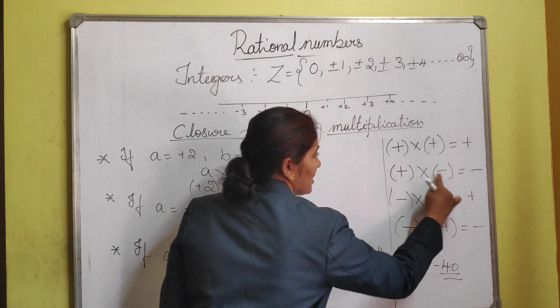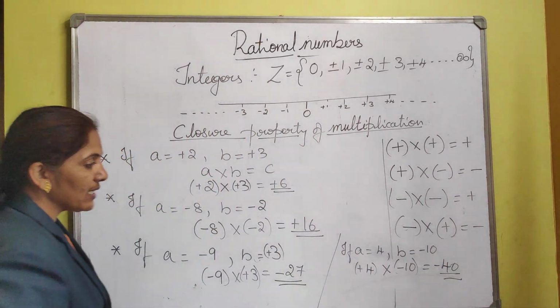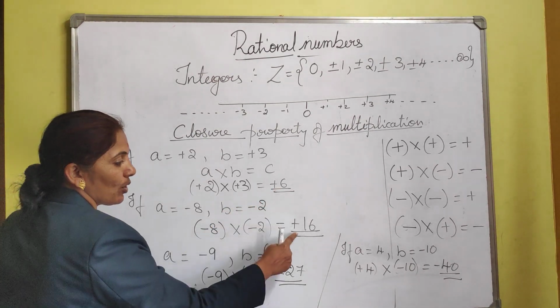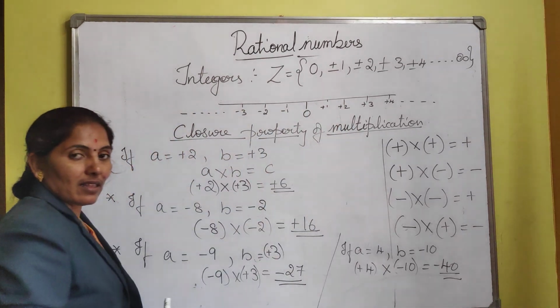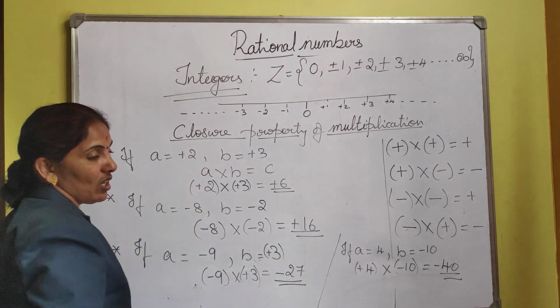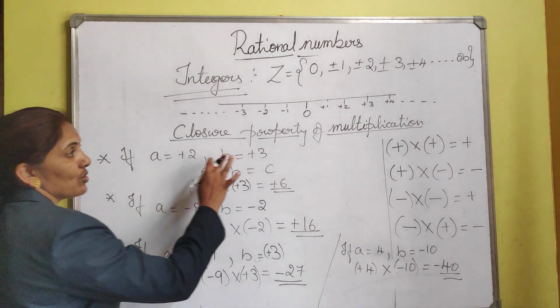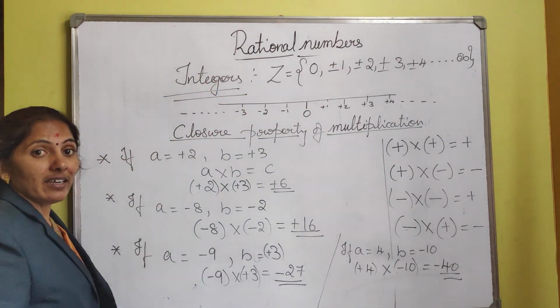Plus into minus is again minus. What do we observe in all these cases? All the products belong to Z, which are the integers. So we can conclude that the closure property of multiplication is satisfied under integers.